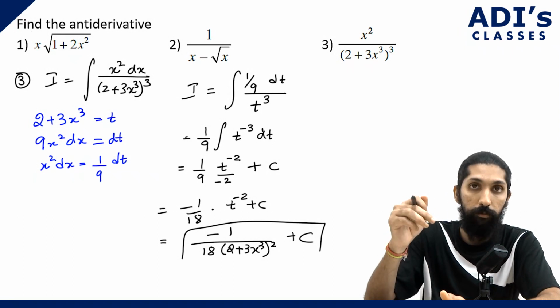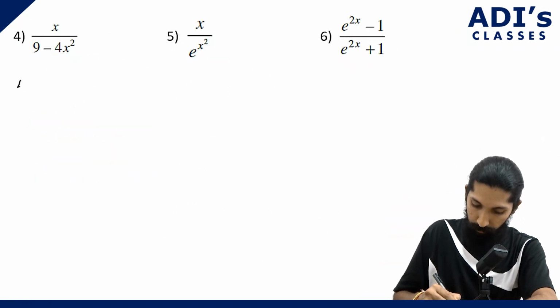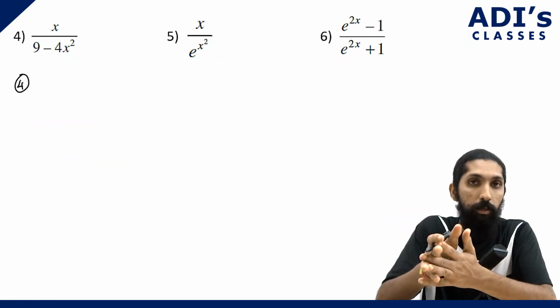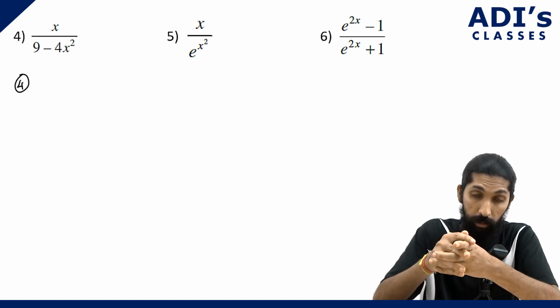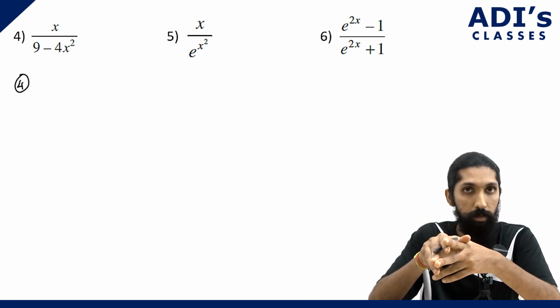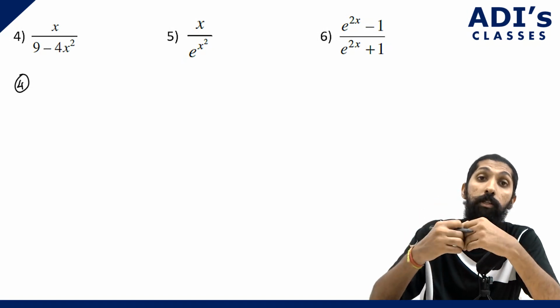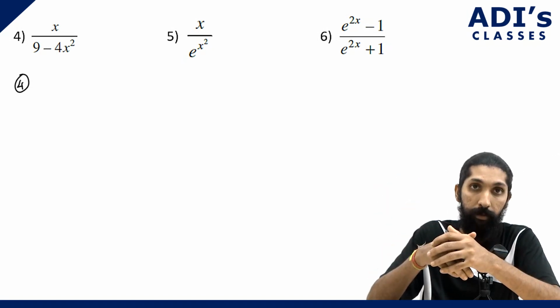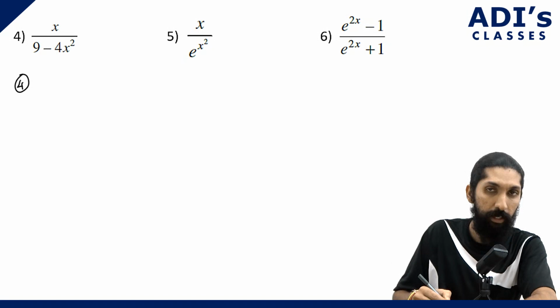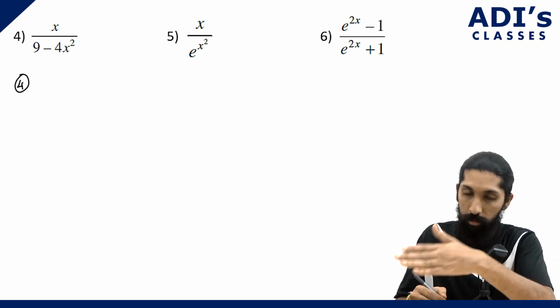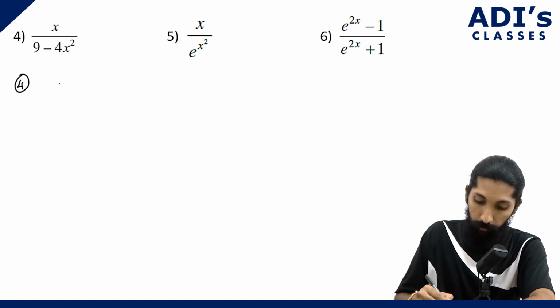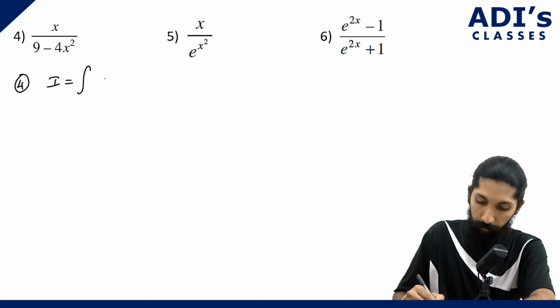Let's do the fourth one now. See the fourth one? Guys, by now I think you will know what to substitute, right? Will you substitute only x square or 4x square? No, you just take the entire denominator as t. So you have directly, I'll start. Okay, you know I is equal to this and all. Or if you want, maybe for this one, I'll write it down for you.